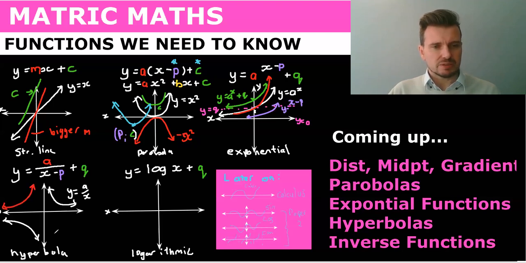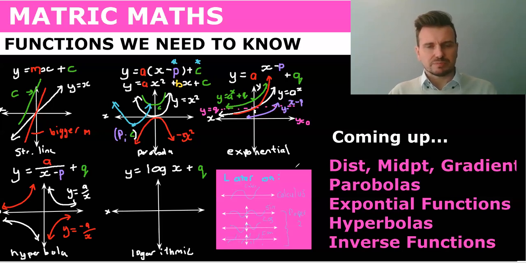If a is bigger, it's also going to change the slope, but don't worry too much about a, because it's always going to still have the same asymptotes regardless of what a is. So the asymptotes will still be these two axes, which I'll put in now. So this would be y equals negative a over x. So again, it's just flipped around.